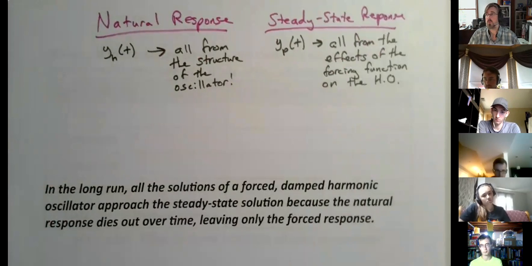This is why when you sit on a swing and you get going really well, and you just stop kicking your legs and hold still, you're just going to die out, and you'll just stop because in the absence of a forcing function, the long-term behavior of that swing is to reach or head towards equilibrium.